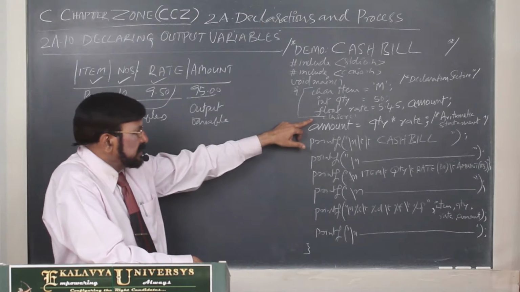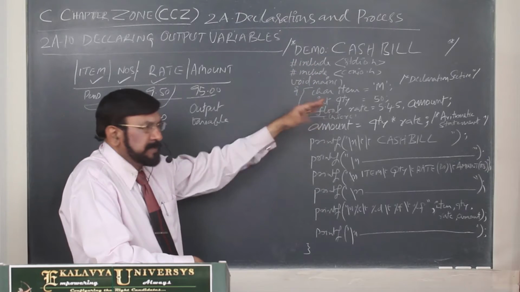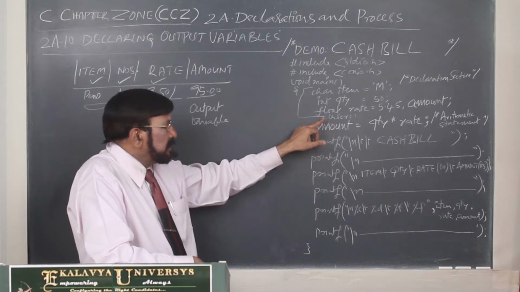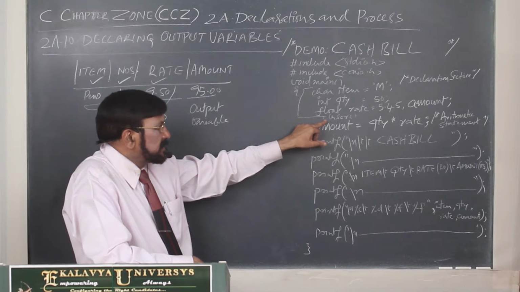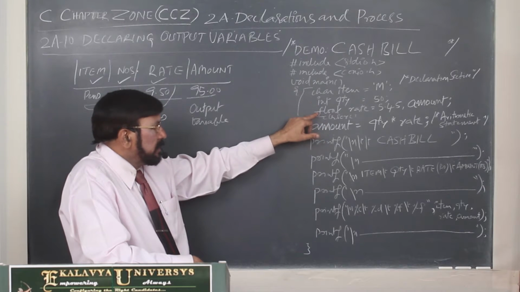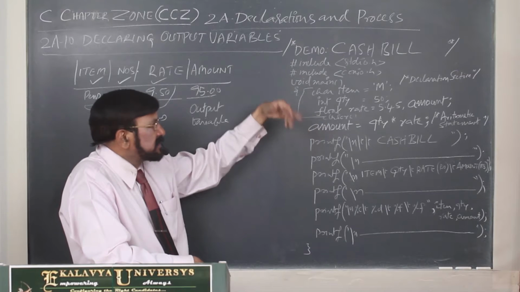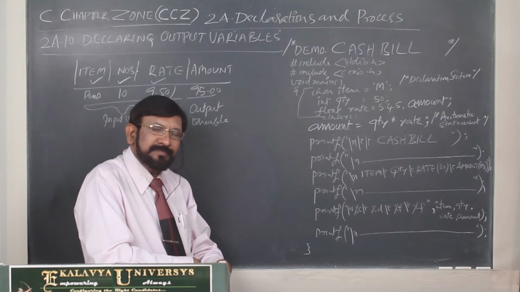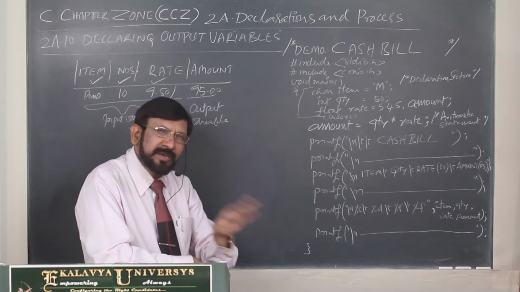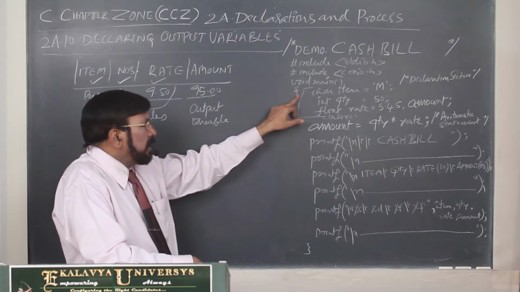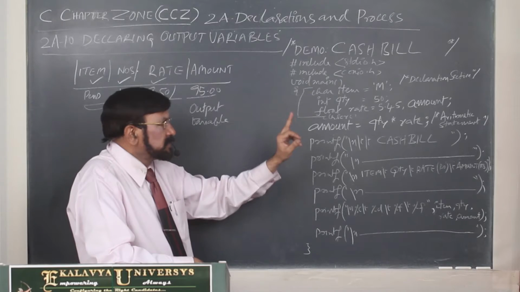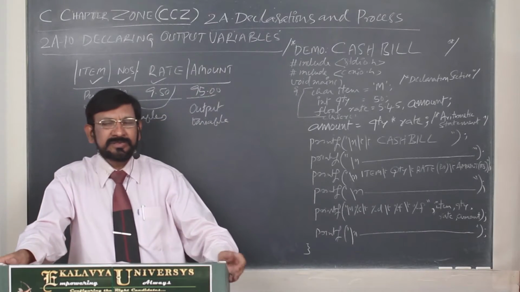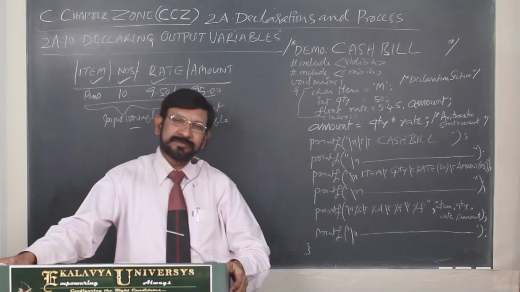Suppose a clear screen is there; you can write clear screen immediately after the declaration section or anywhere after. But if you try to write clear screen in between the declaration section or above it, it leads to error. Not only clear screen, any other code: immediately after the opening brace you must write the declaration section. That point always remember. This is a stringent condition in C language.